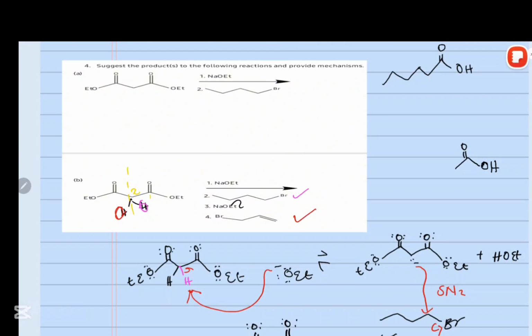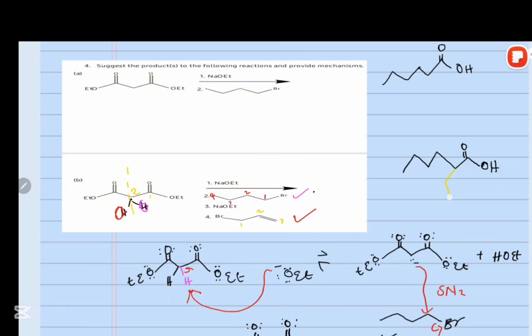Here, 1 2. Now carbon 2 will be just connected to these 2. So I'll start with this one. 1 2 3 4. From here, 1 2 3 4, meaning this is the first one, so we are done with the first one. For the second one, 1 2 3 on carbon 2.